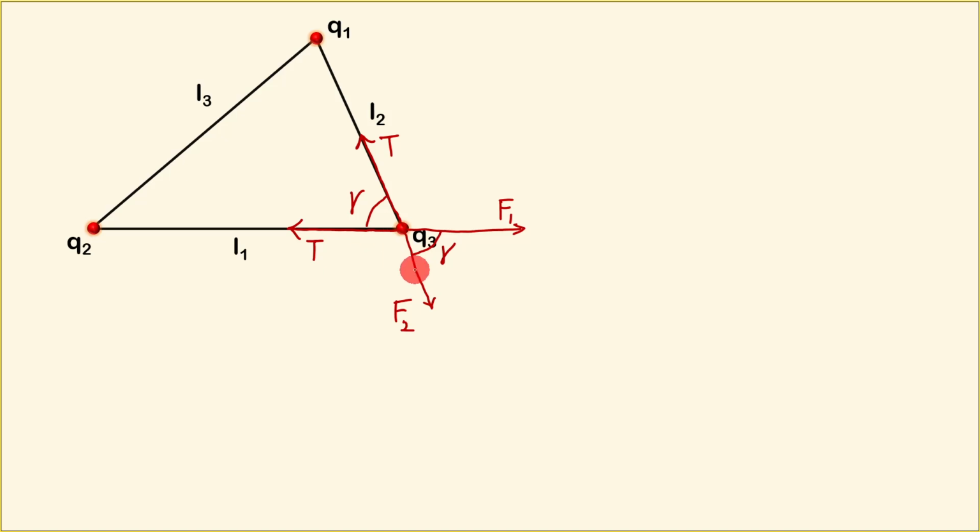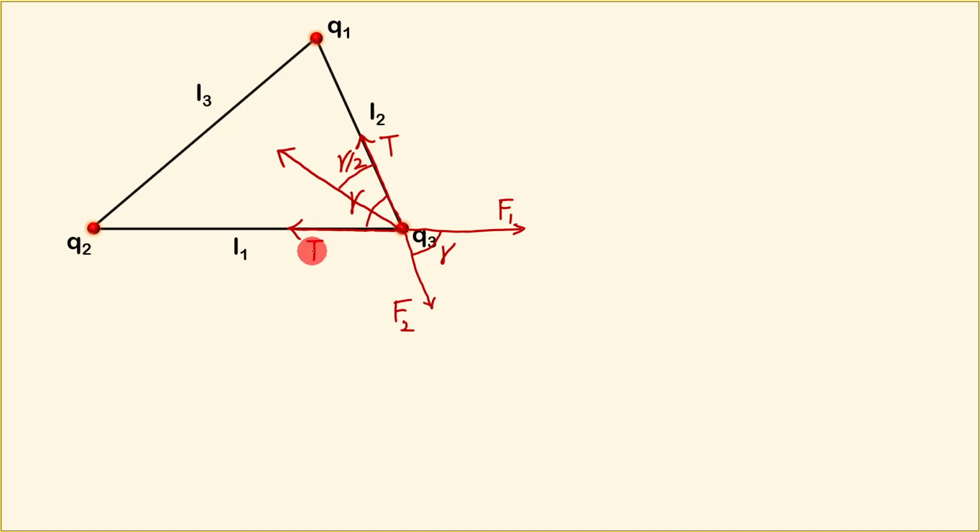So this charge q3 is in equilibrium, and there are four forces acting on it. Instead of resolving the forces in particular directions, what is even better is to take the resultant of these two tension forces. Because these two forces are the same and the angle between them is gamma, the resultant will be along the bisector line, making angle gamma by 2.